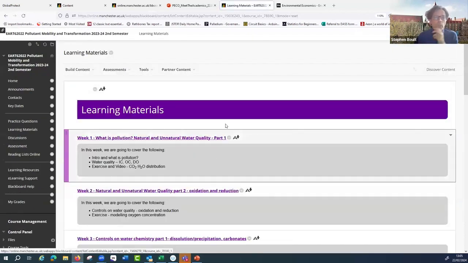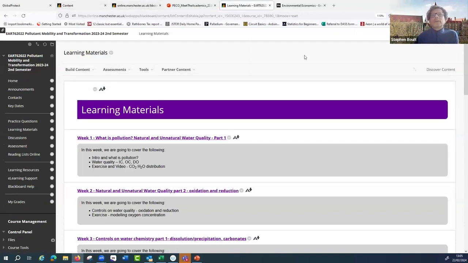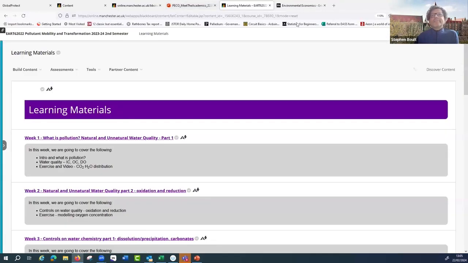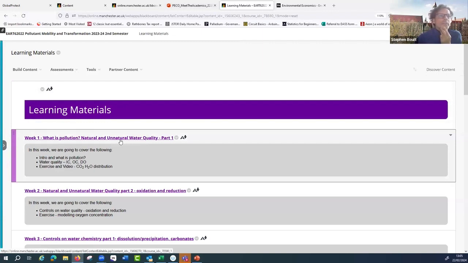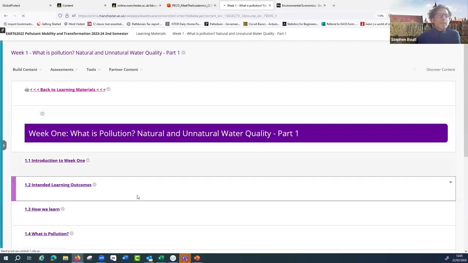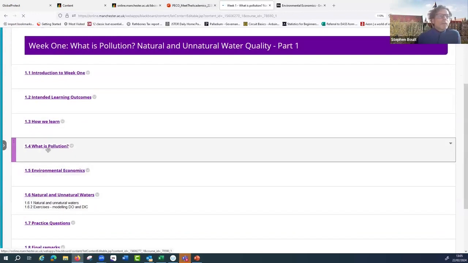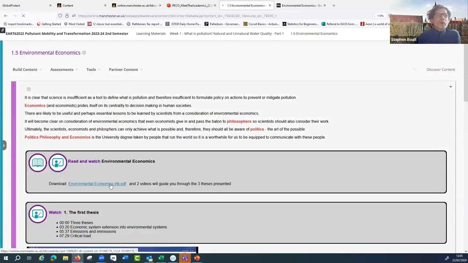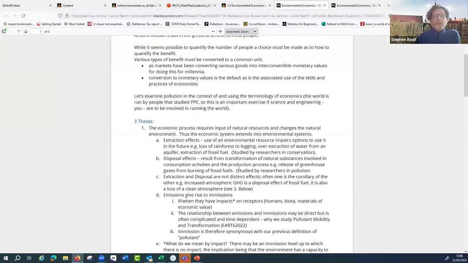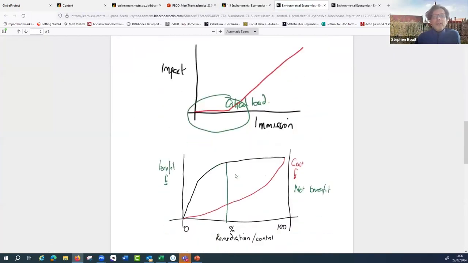And in this first week, we do have a critical figure for us when we come to any kind of pollution studies, we'll be going through this, is relating it to economics.